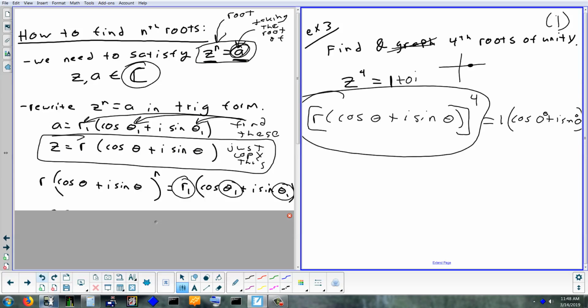What would your radius be if you do out what I just circled? It's not going to be a number because we don't have a number. What do you do with your radius and your power? R to the fourth. You raise your radius to the power.